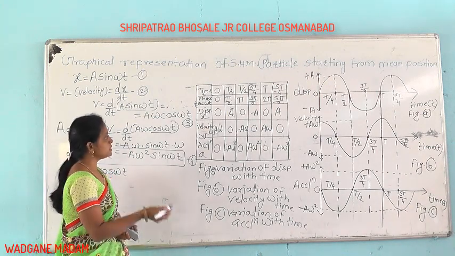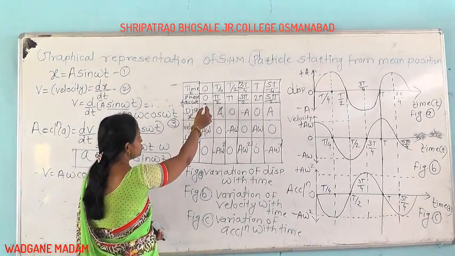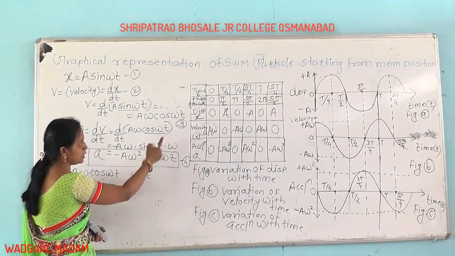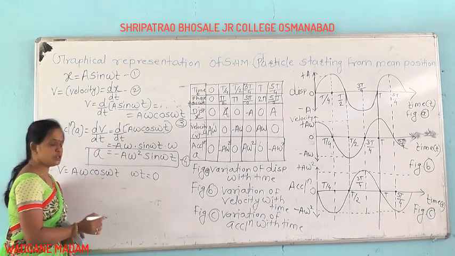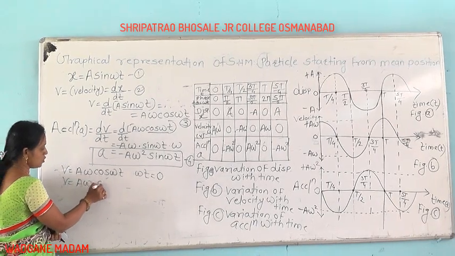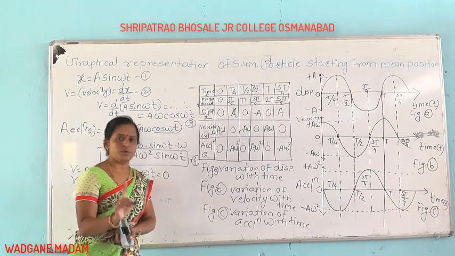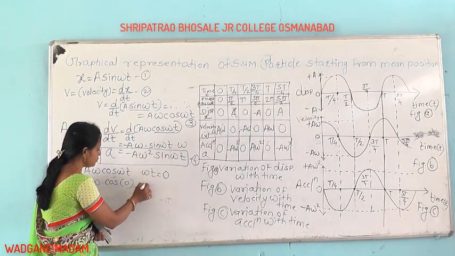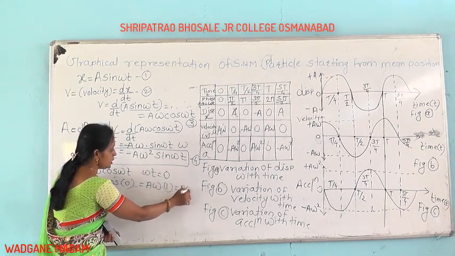Then we consider the time interval 0 and phase 0. By putting omega t is equal to 0 at time interval 0, v is equal to a omega cos 0. We know that cos 0 is 1. Therefore, v is equal to a omega into 1, that is a omega.